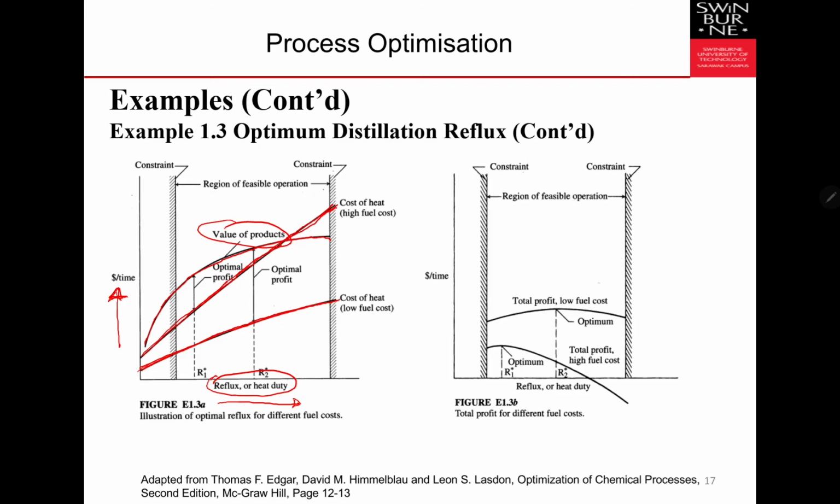Okay, so the profit will be the difference between the value of the products and the cost of the energy, or the cost of the fuel, that you need to put in. In the case of the high fuel cost, the difference between this particular part of the curve and this particular part of the curve will be the optimal profit for the high fuel cost.